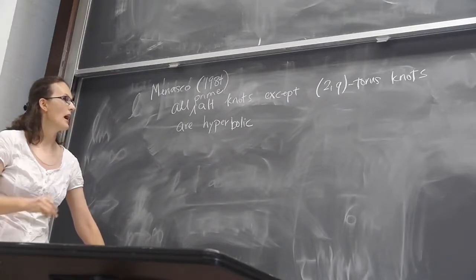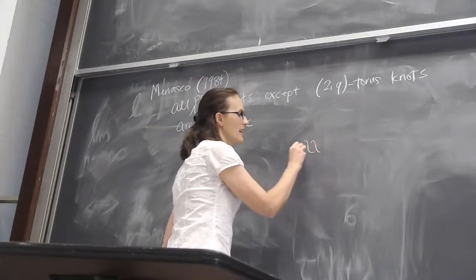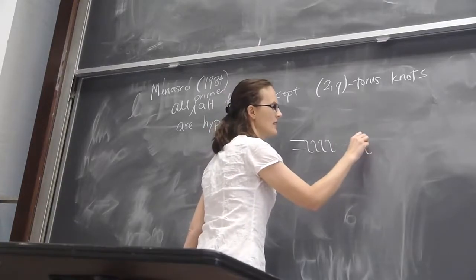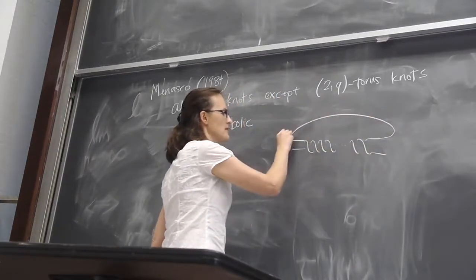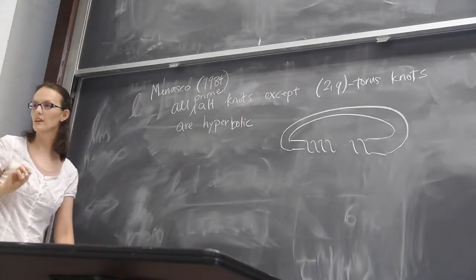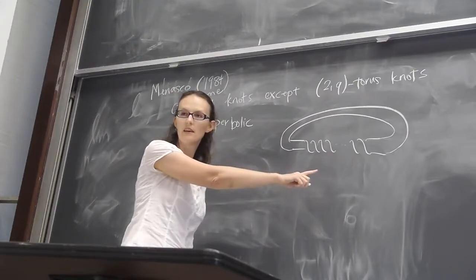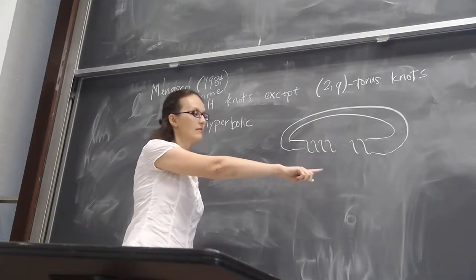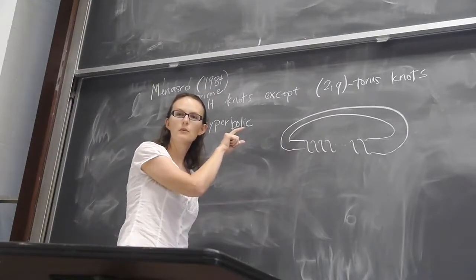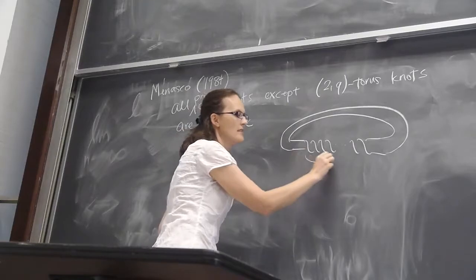The 2Q torus knot looks like this: you have 2 strands and Q crossings, and then those connect up like so. This is your 2Q torus knot. We're going to be looking at pictures similar to this through a lot of this talk, where you have 2 strands that run in and twist around each other and form some number of bigons in the diagram.